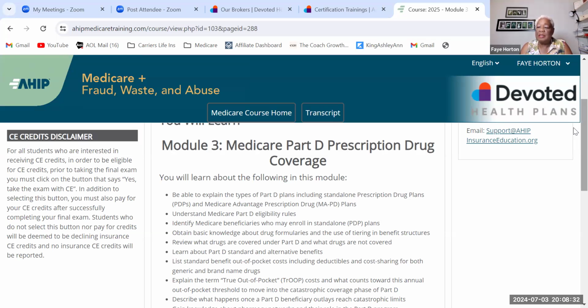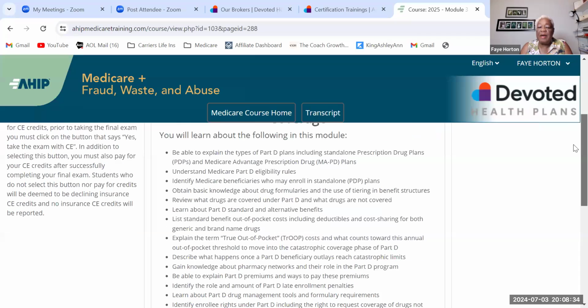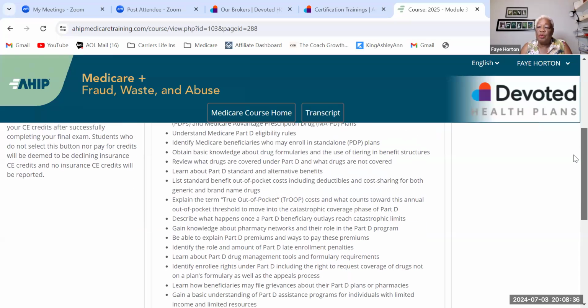Understand Medicare Part D eligibility rules, identify Medicare beneficiaries who may enroll in standalone prescription drug plans, obtain basic information about drug formularies and the use of tiering in benefit structures, review what drugs are covered under Part B and what drugs are not covered, learn about the Part D standard and alternative benefits, list standard benefit out-of-pocket costs, including deductibles and cost sharing for both generic and brand name drugs.